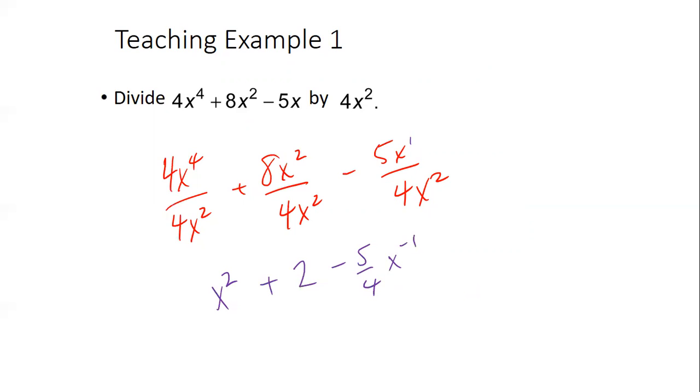Now, because this can't be simplified, on your homework they would want you to write it as x squared plus 2. And this is our remainder because it doesn't divide evenly, right? So our remainder would be minus 5 over 4x. That is how I believe your Pearson wants you to write it.